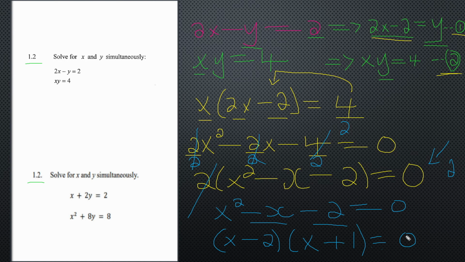So these are actually our values that we are going to use to get our y values as well up here, as you can see.